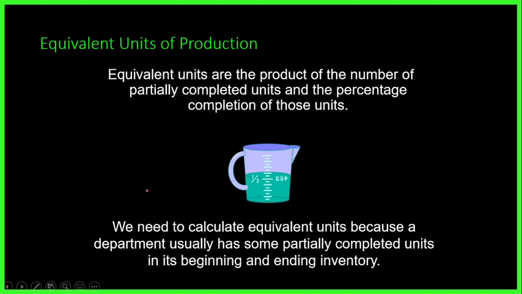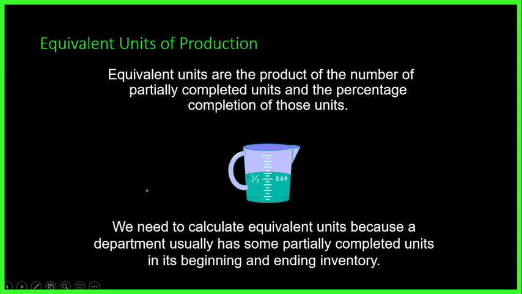Let's talk about EUP. What is EUP or equivalent units of production? EUP or equivalent units are the product of the number of partially completed units and the percentage completion of those units. And we need to calculate your EUP so that you can compute your product cost per unit of output.